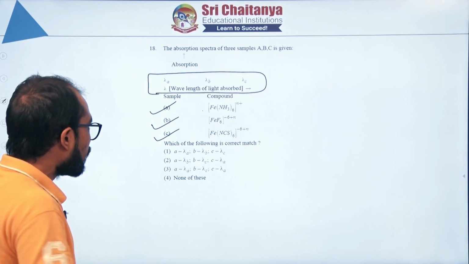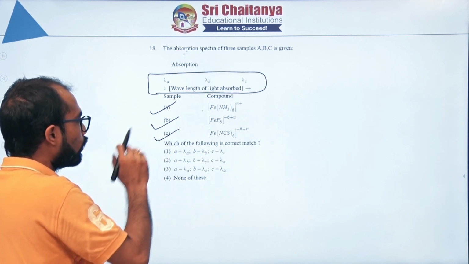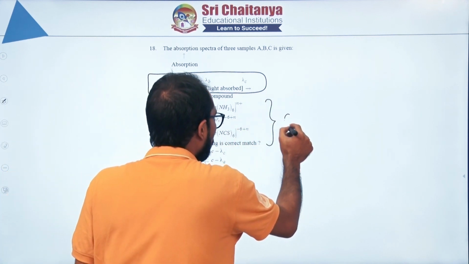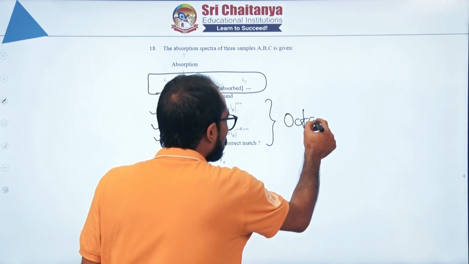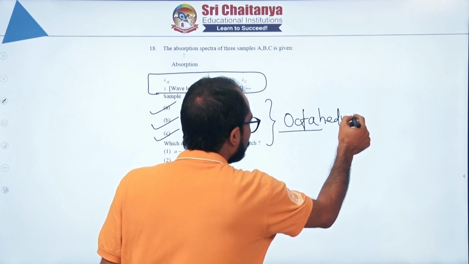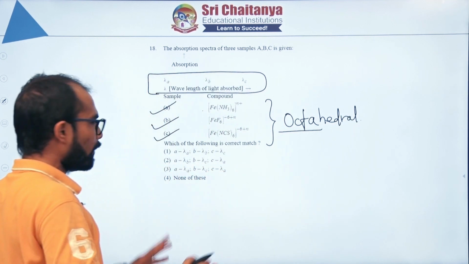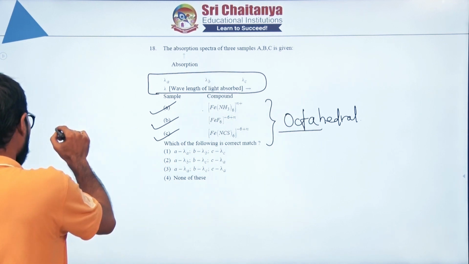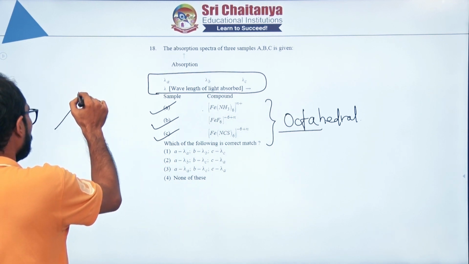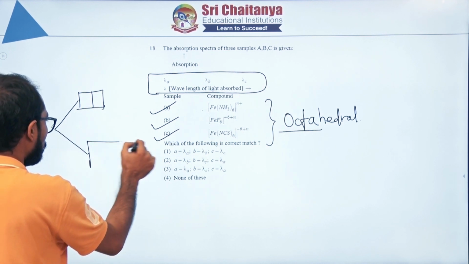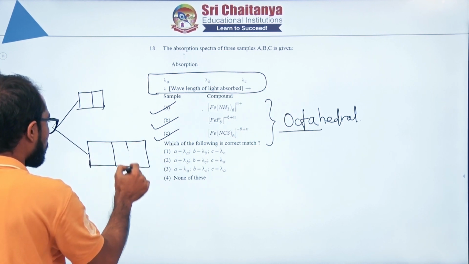Now, for the time being, if you follow their structures, all of them will be octahedral, correct? Yes. So, there will be some kind of splitting of the d orbitals, and the splitting will result into something like this.